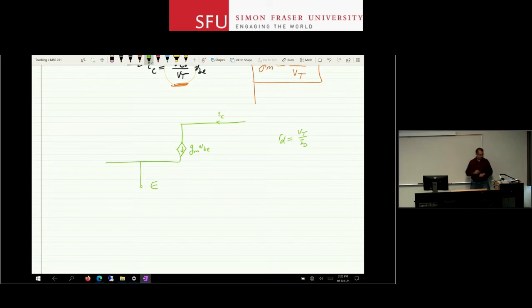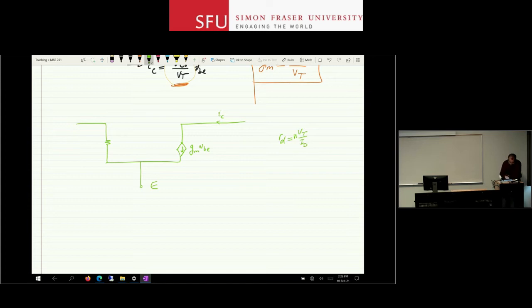But we said for BJTs that N is close to 1. I'm not going to go through that. You can go back to the diode lecture to see how we ended up with a resistor here. But the diode is represented with a resistor value.